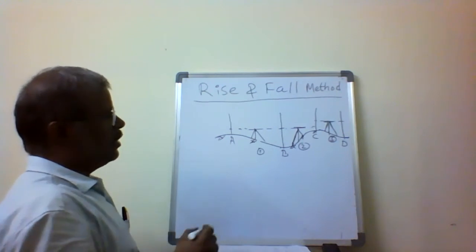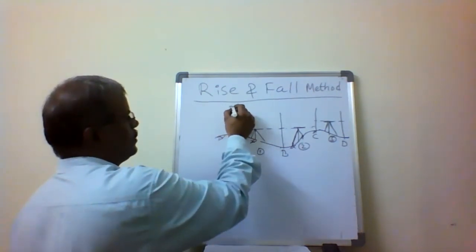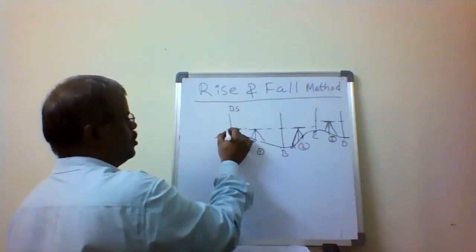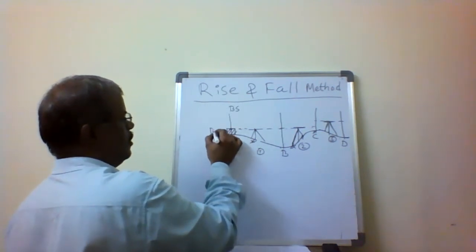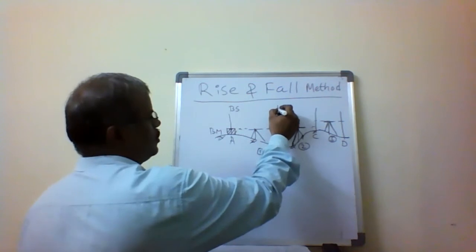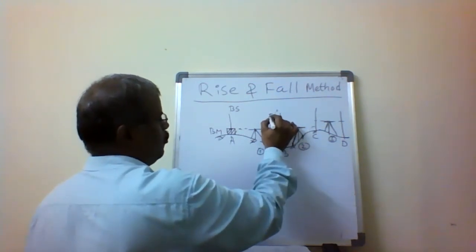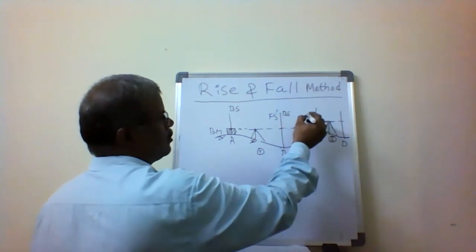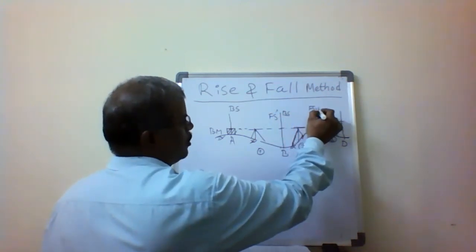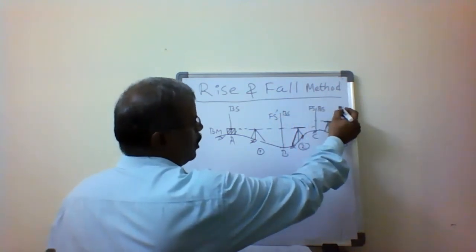So I have taken a backsight reading on the benchmark. Then here a foresight, and here once again a backsight reading, foresight, backsight reading, and the last one is a foresight.